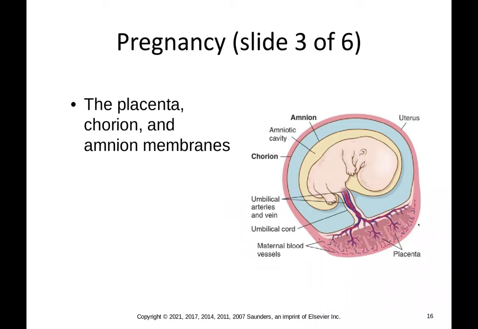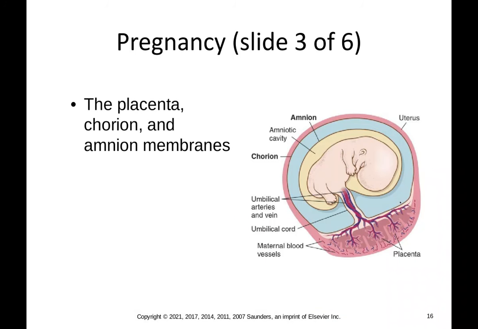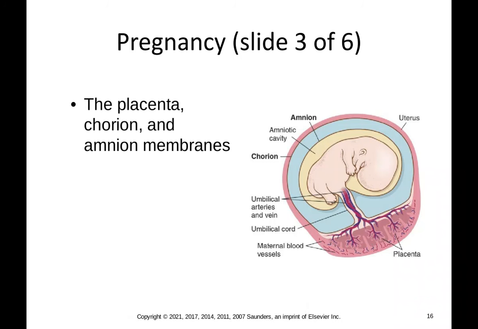And here's an image depicting the placenta, which is attached here, you can see, to the uterus wall with internal blood vessels, the umbilical cord connecting it to the fetus. There's umbilical arteries and a vein. This is the chorion, the edge of the sac, and then the amniotic cavity and the amnion.